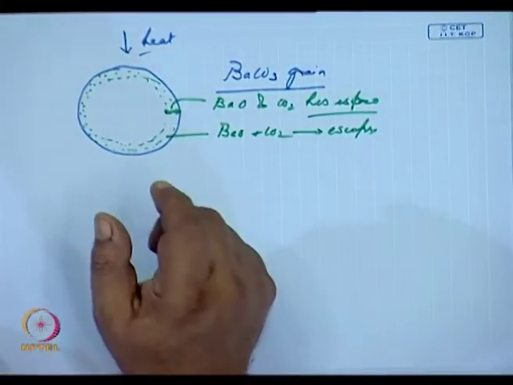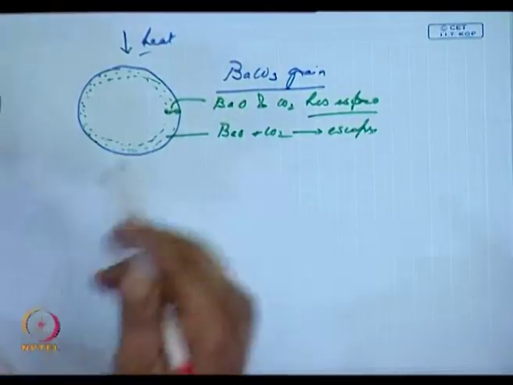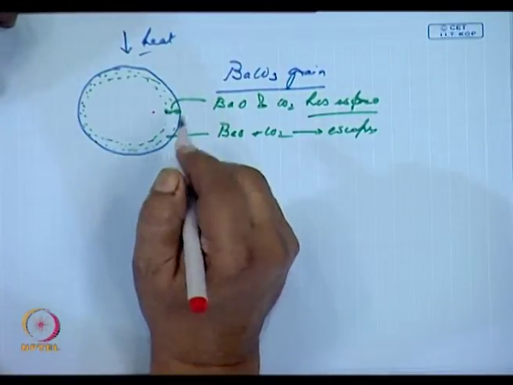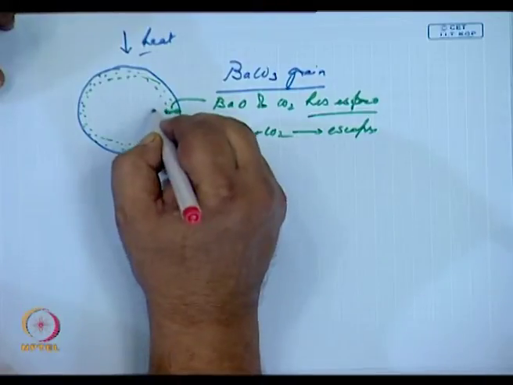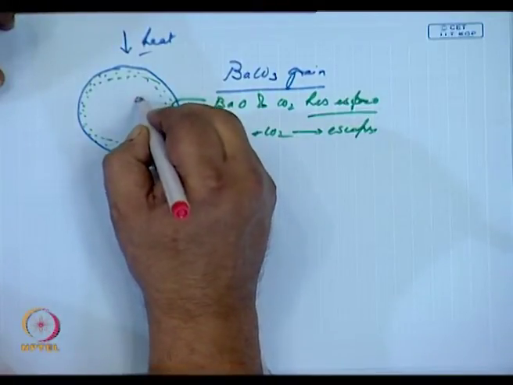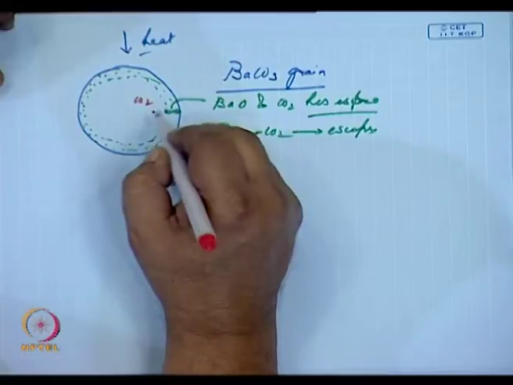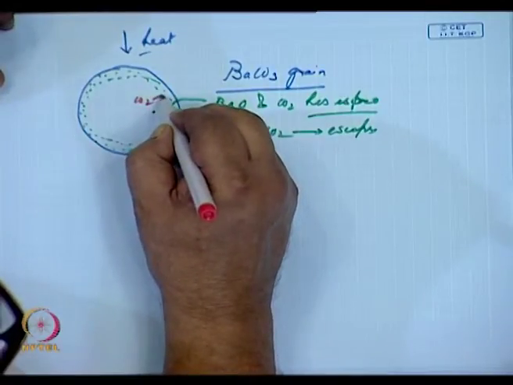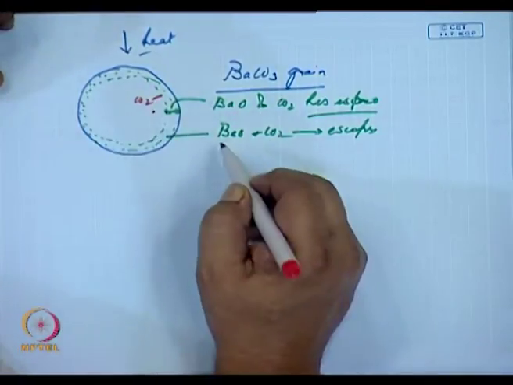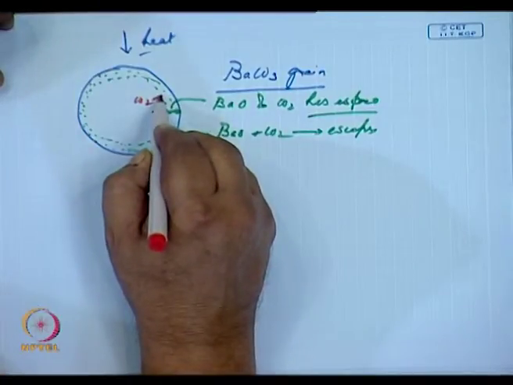However, look at the situation inside over here. This grain will also liberate CO2, but as the CO2 tries to go out, it reacts with the BaO layer over here.